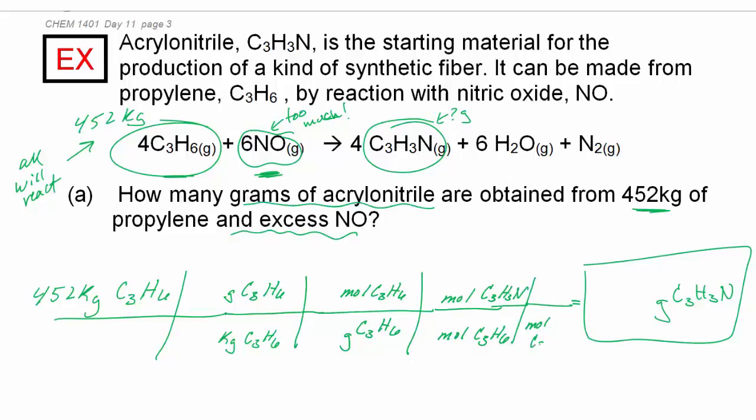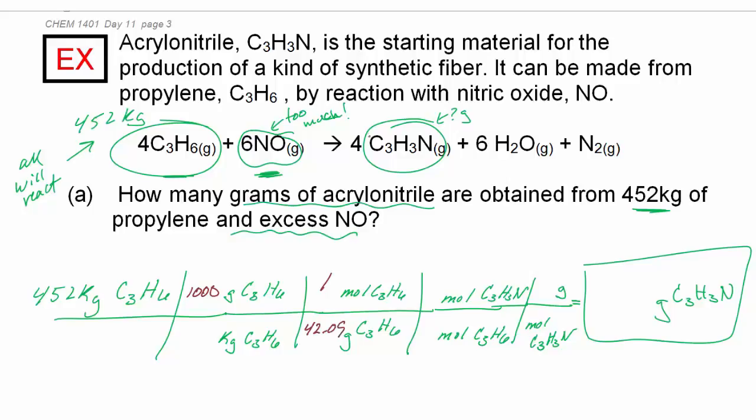And moles has to be in the denominator. So how many grams in a kilogram? 1,000. In 1 mole, I have 3 times 12.01 plus 6 times 1.01, about 42.09.